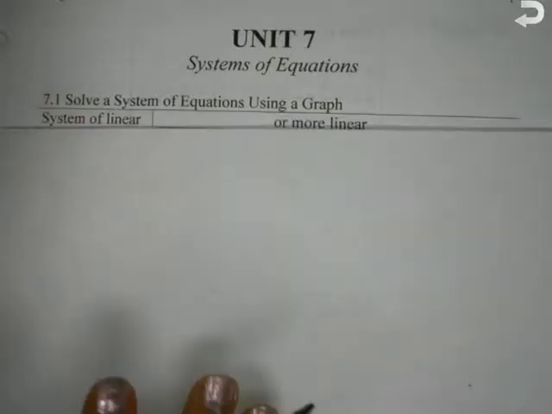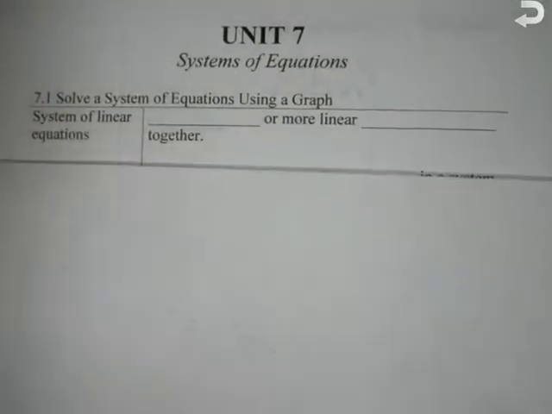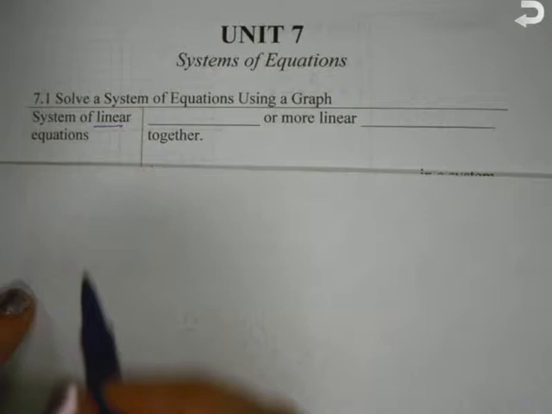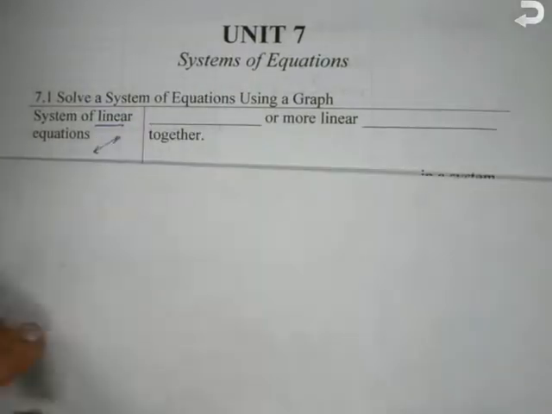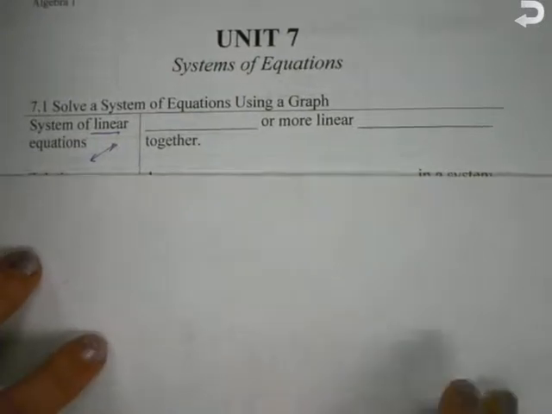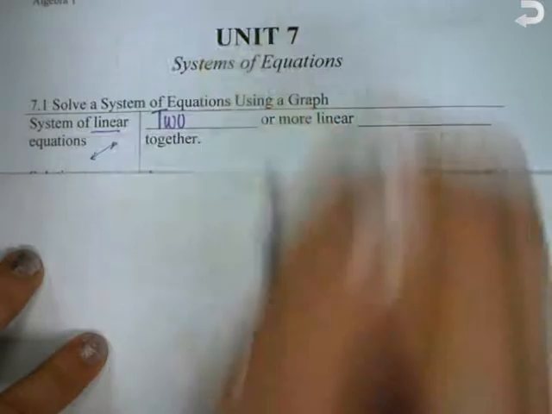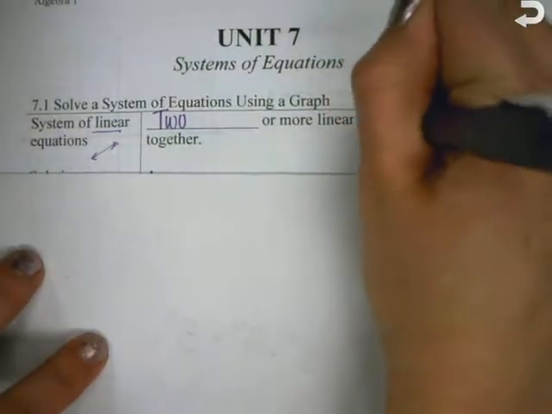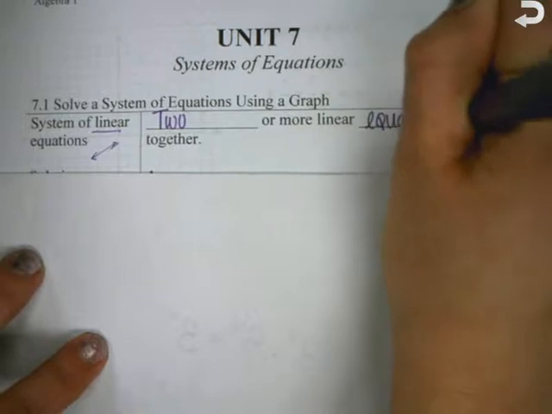Okay, so let's first define what a system of linear equations is. Really quickly, what does linear mean? Line. Okay, so we're just working with lines here. No parabolas, nothing else. So the definition of a system of linear equations is 2 or more linear equations that are grouped together.